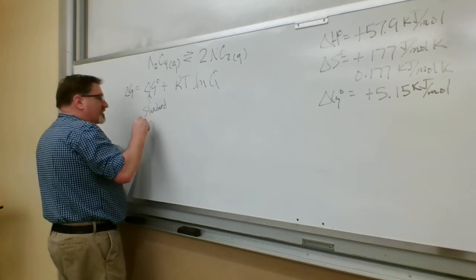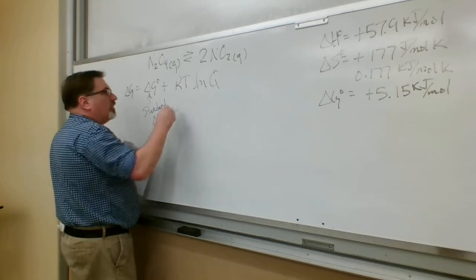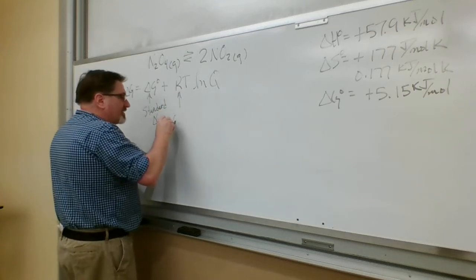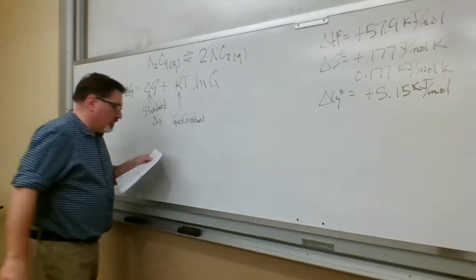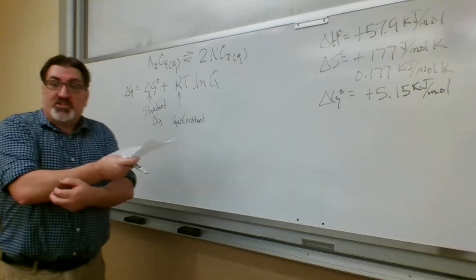So delta G0 is a standard delta G. R is the gas constant. Okay, but G is energy, right?